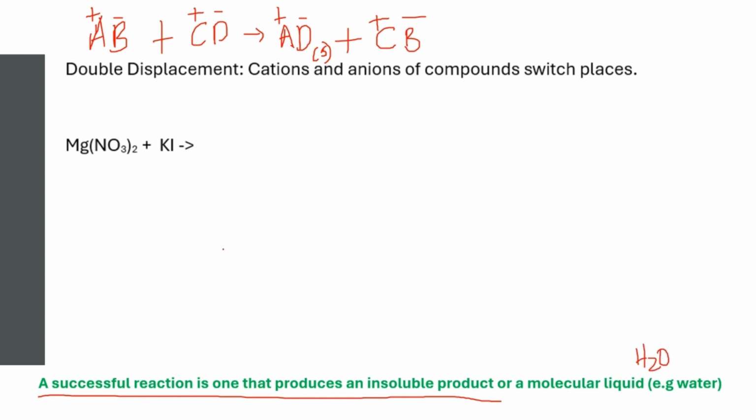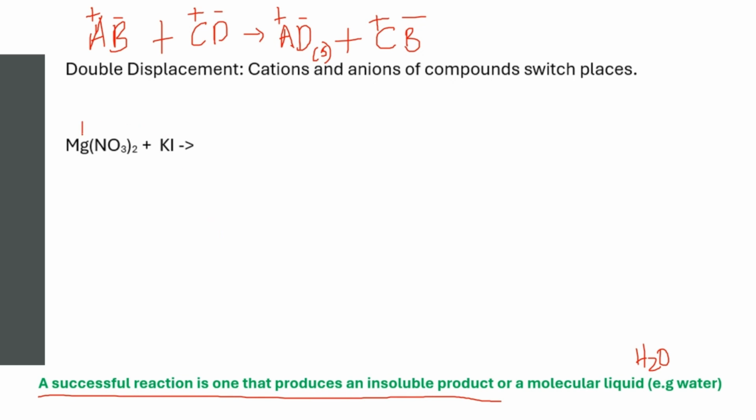So if we have a double displacement reaction, we can determine whether it's successful by predicting the products and then finding out whether those products are going to be soluble, so aqueous, or insoluble, in the state of solid. So we have Mg(NO3)2 plus KI, so we have magnesium nitrate reacting with potassium iodide.